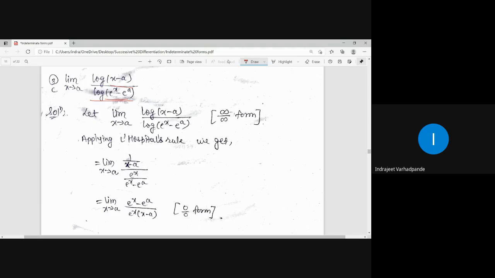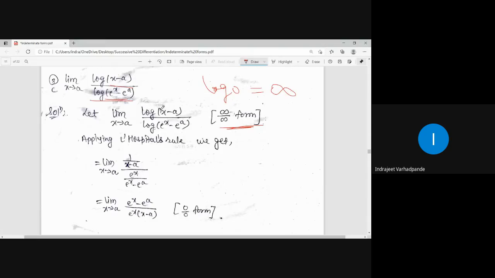Log 0 is infinity, what we have written. So it takes the form infinity by infinity. On seeing a logarithm, first differentiate. It is automatically converted to 1 upon. Once it is converted to 1 upon, it is easily reducible to 0/0.